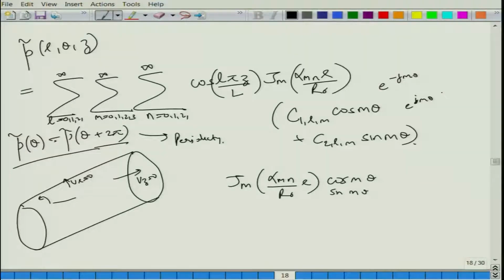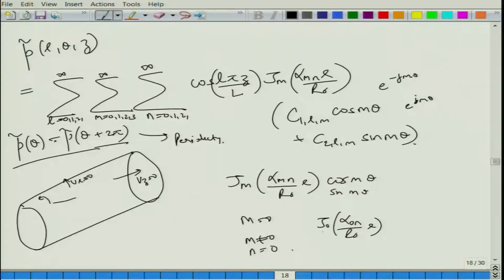When m is equal to 0, we get something like a radial mode. For m not equal to 0, say m is equal to 1, 2, 3, whatever it is, you get circumferential modes, but then n should be 0.